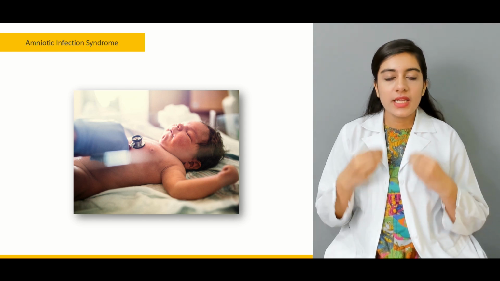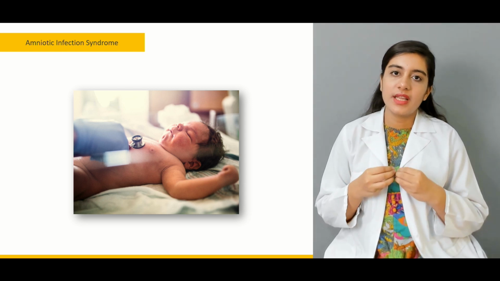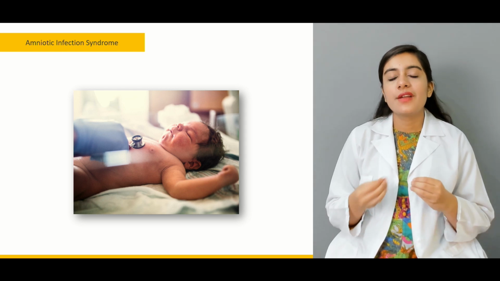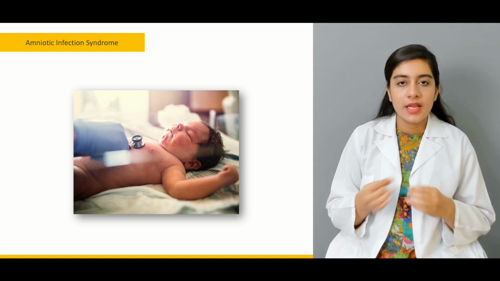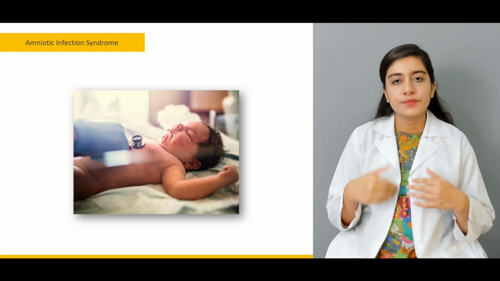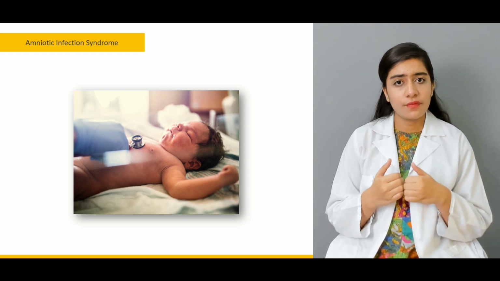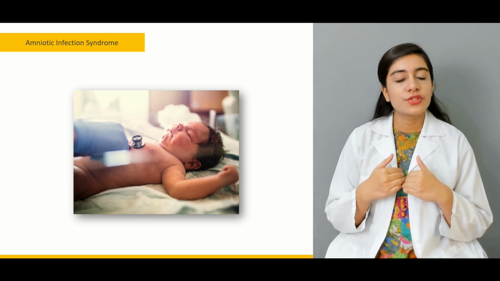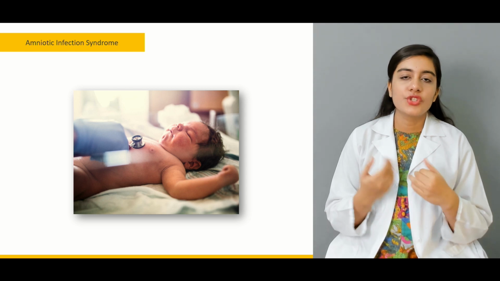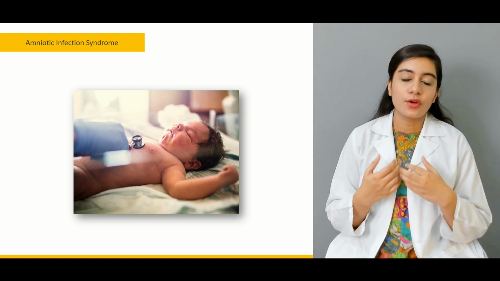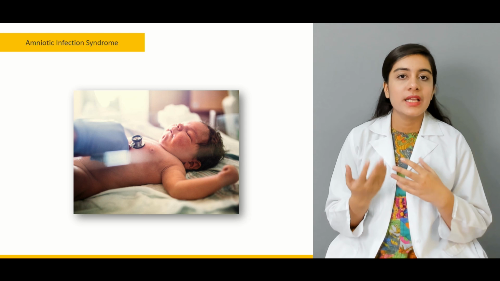So, any infection of the amniotic fluid will infect the fetus via the lungs. He or she will inhale that amniotic fluid and it will reach the lungs, and from there the infection can disseminate to other areas of the body and can also lead to diseases like sepsis.